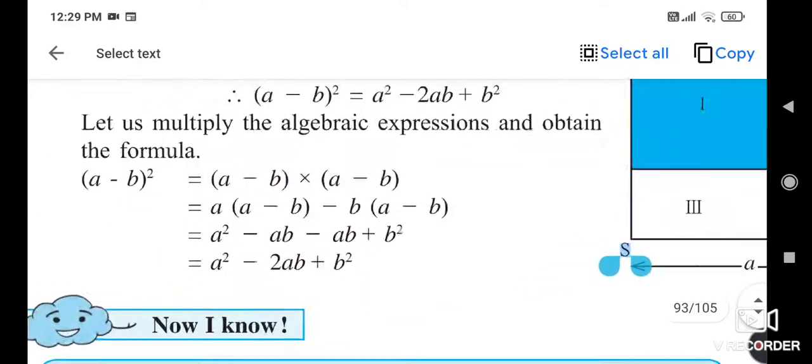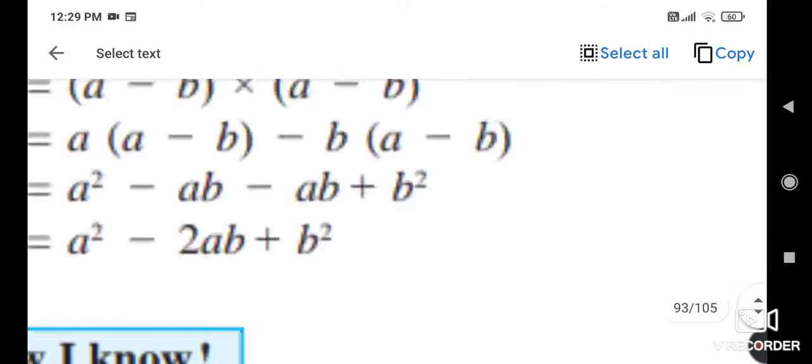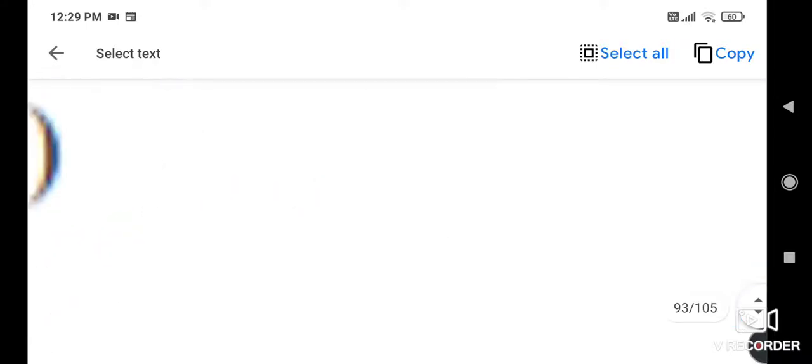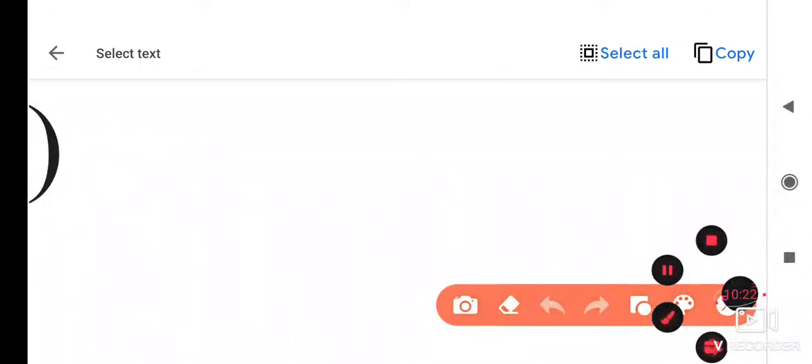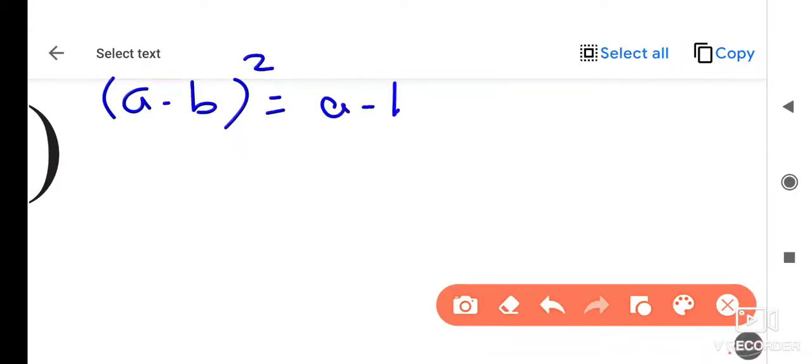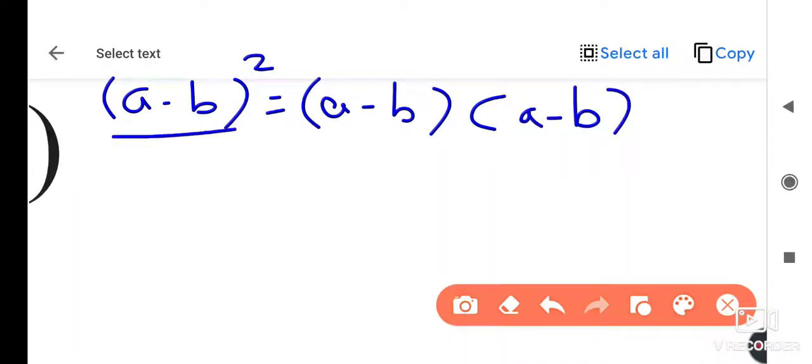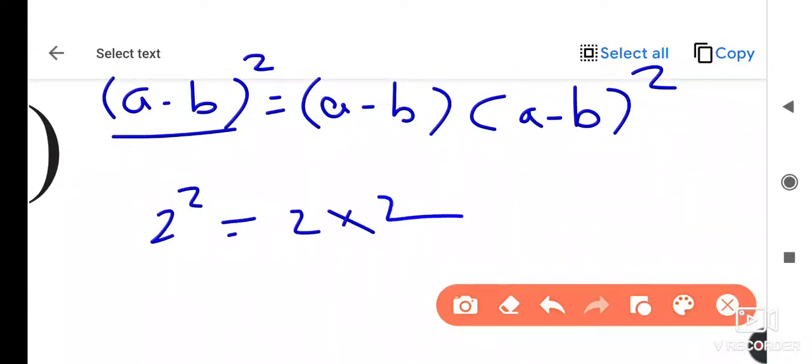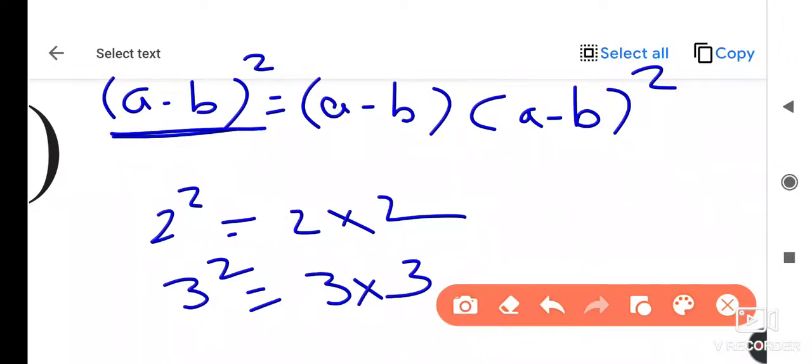Now next is the algebraic way, how we can derive that formula, (a minus b) square. (a minus b) square means a minus b multiplied by another a minus b. It came 2 times, so we do the multiplication, because 2 square is written as 2 into 2, 3 square is written as 3 into 3. In the same way, (a minus b) square is written as (a minus b) into (a minus b). Sorry, a square was written here by mistake, I will drop it.